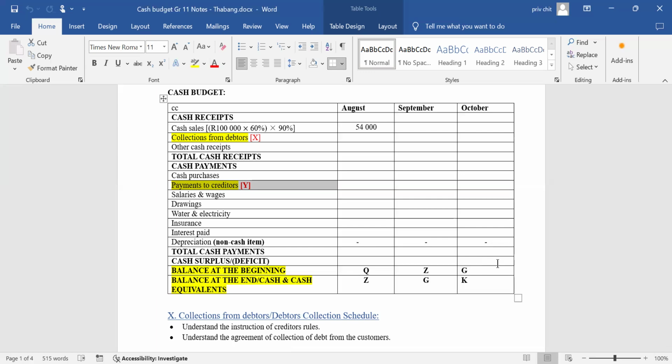If we bought the motor vehicle in August and paid a deposit of 20,000 rand, that deposit will be allocated in the month of August, 20,000 rand. And then the installment will be reflected from September going further, indicated as a monthly installment. Say it's 7,000, so you put 7,000 rands as a payment for the motor vehicle in September, and so on. Yeah, that's how you do it.